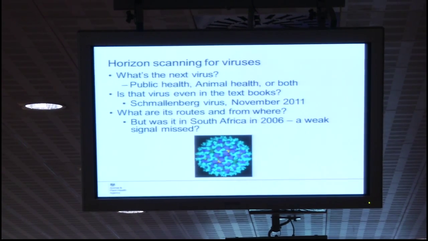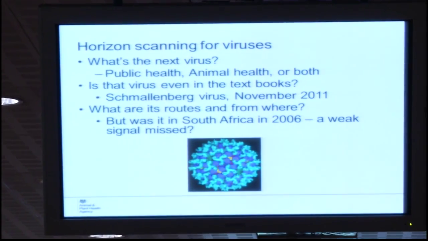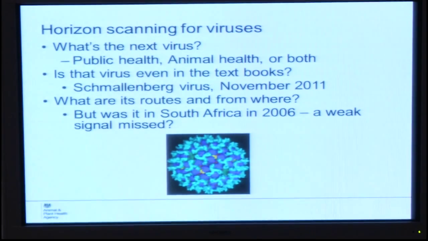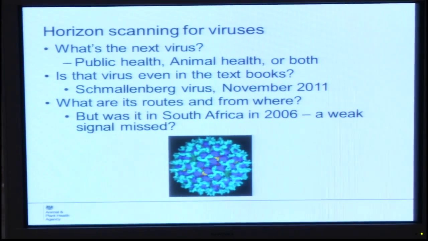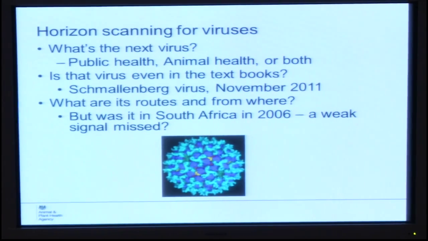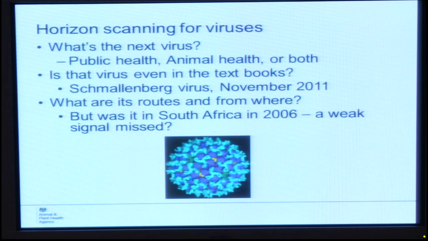Okay, so horizon scanning for viruses, well, it's not just about identifying the next virus. It's building on the theme that Tony developed in his talk, and that is what are its roots and where's it from. So we've heard about Schmallenberg virus since November 2011, but before that it wasn't even in the textbooks. But that's the sort of thing we're trying to predict here, but maybe not give it a name, but just sort of predict what roots it might come from.